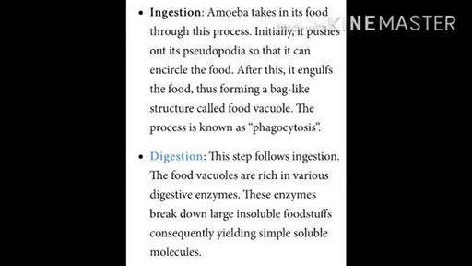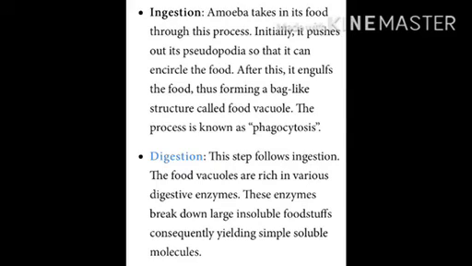Ingestion. Amoeba takes in its food through this process. It pushes out its pseudopodia so that it can encircle the food. After this, it engulfs the food, thus forming a bag-like structure called a food vacuole.